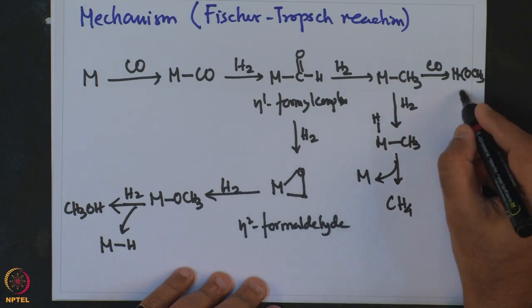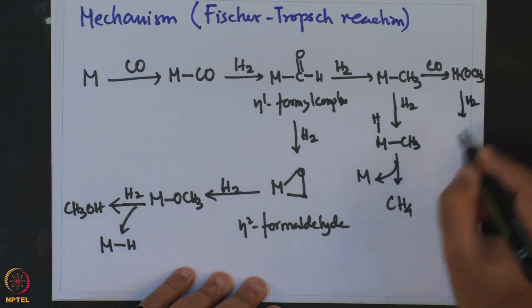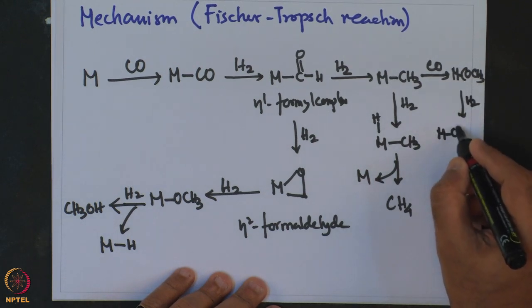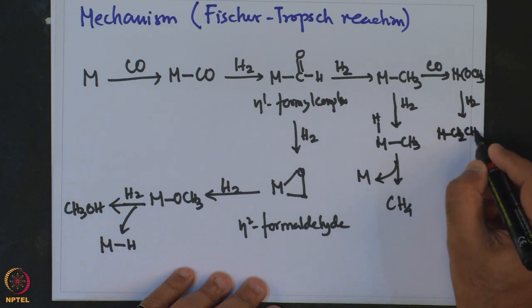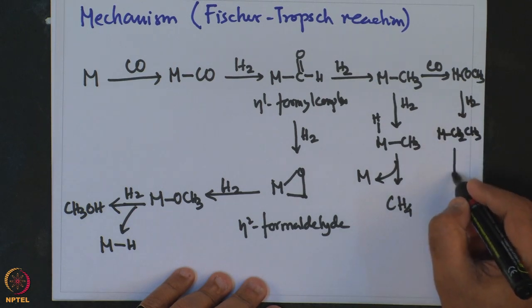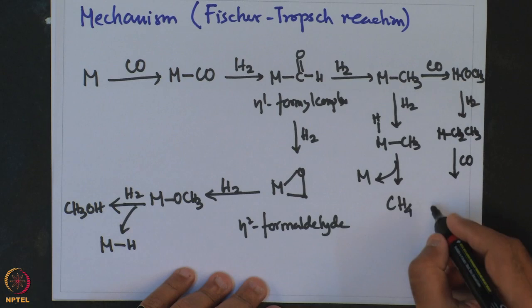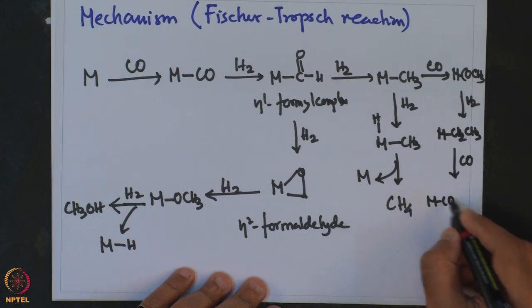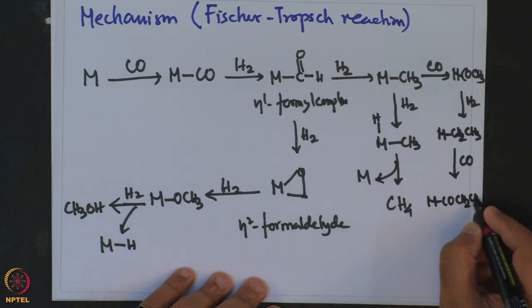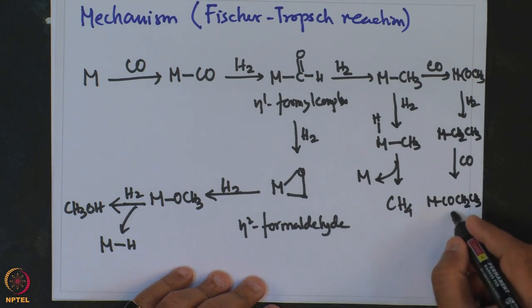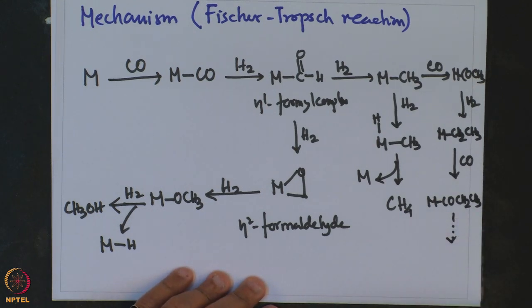And then the reaction of MCOCH3 with hydrogen gives MCH2CH3, that with carbon monoxide gives MCOCH2CH3, and that keeps on going.